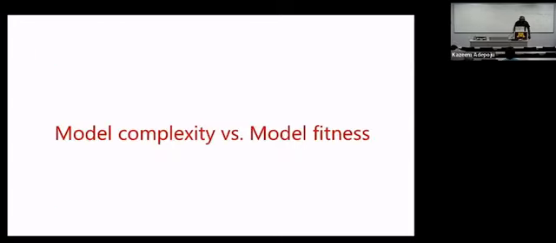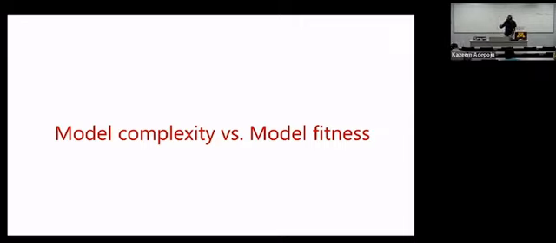Now, I want to go into these two, model complexity versus model fitness. Researchers have committed some blunders in the past. At times it's going to look as if our models are failing us. Our models are not failing us. We are the ones not doing the right thing.